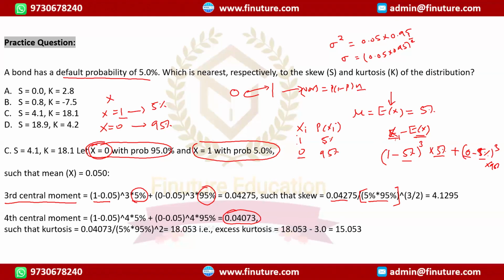Correct. So what I need now is the cube. So if I cube on both sides, sigma cube would be 0.05 into 0.95 to the power 3 by 2. Is it making sense?